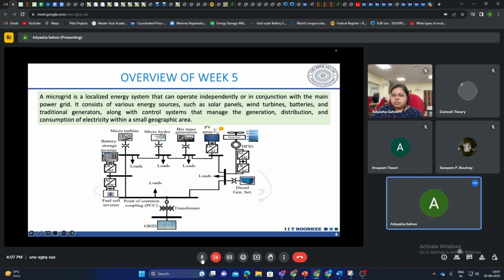Then we have battery storage and inverter system to store the excess energy and also for reactive power support. Then we also have fuel cells, diesel generators, and DFIG or wind turbines. Along with this, we have localized loads. So this whole is known as a microgrid.